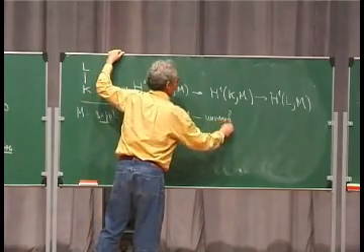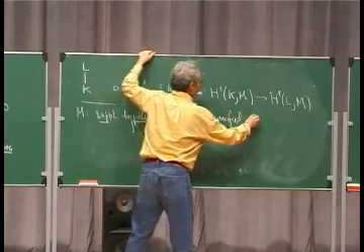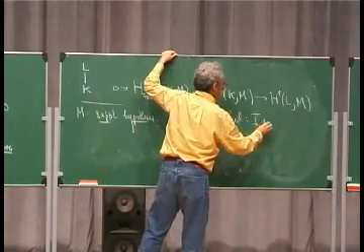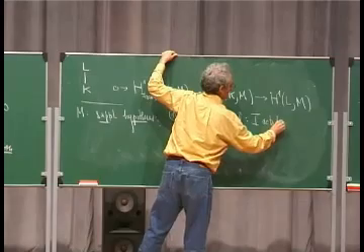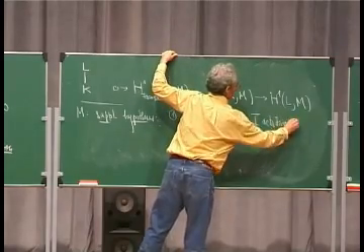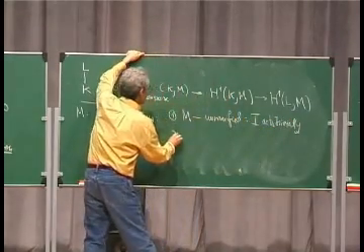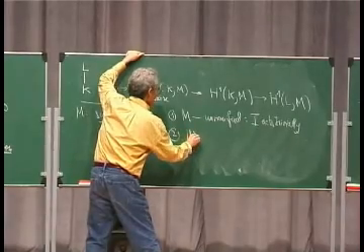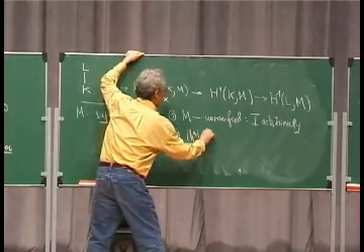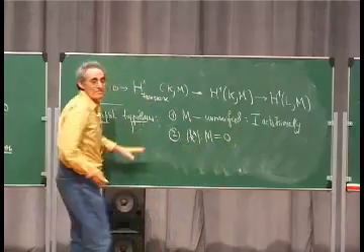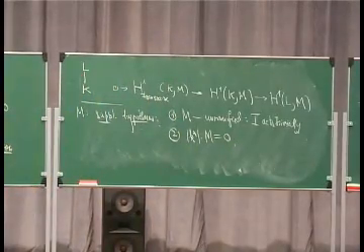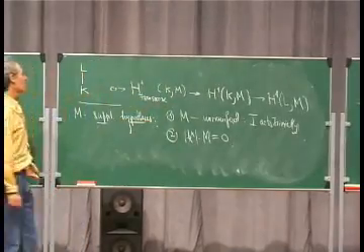That is to say, inertia acts trivially. And the other condition is that the absolute value of K star, this number, kills M. That immediately implies that if M is non-zero, then the characteristic of the residue field of K is different from P.